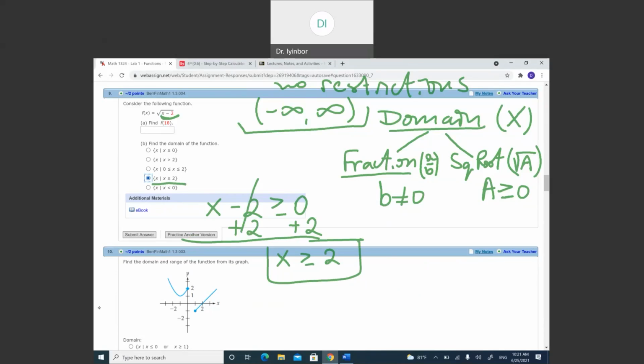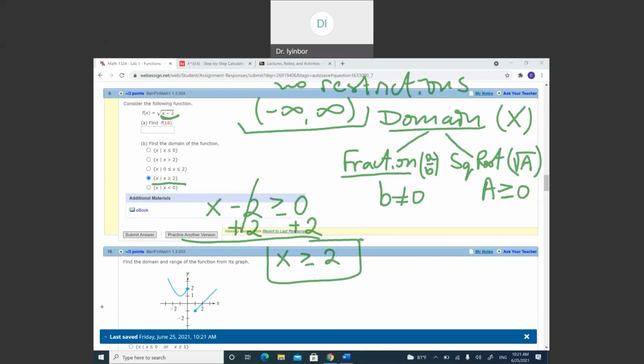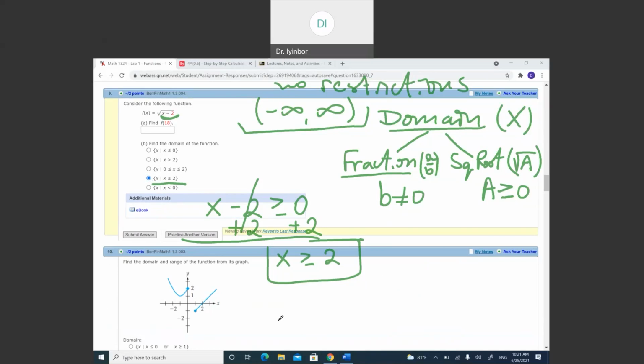Okay? You can just submit one answer if you want, but let's find out what f of 18 is. So f of 18 follows the function, which is the square root of x minus 2, and wherever you see x in this function, replace it with 18 and just follow the function.